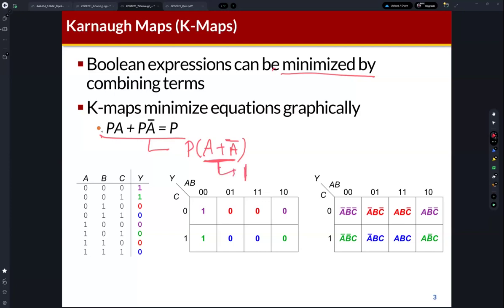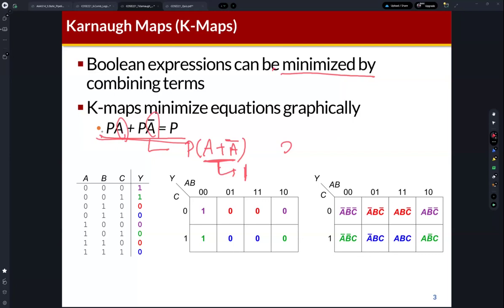So A or A bar is equal to 1, then P multiplied by 1 equals P. What can we observe? In this combining theorem, we can remove a term A in the equation, which means we can reduce the number of terms and minimize the Boolean equation.